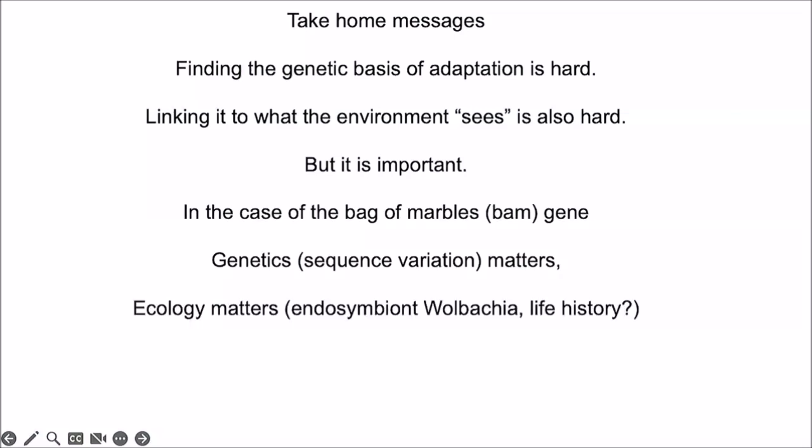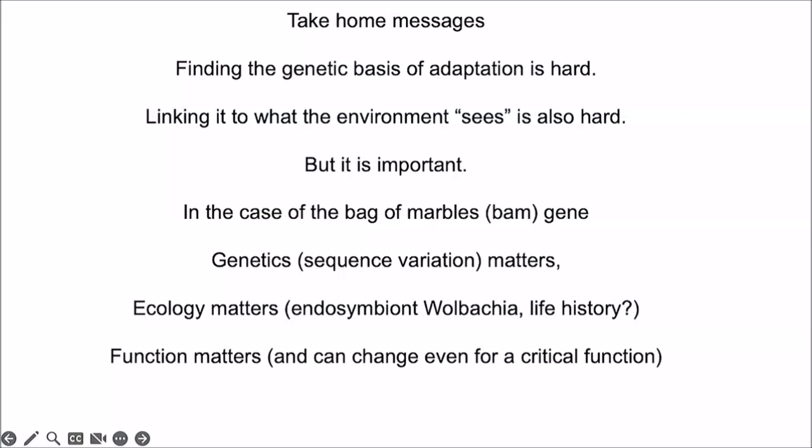The ecology matters. Endosymbiotic Wolbachia is part of its biotic environment here, life history, but also function. We're clearly seeing changes in function across the genus, and to the extent to which positive selection is associated with that, we're still in the process of trying to tease apart. But nonetheless, there's lots of things to do.